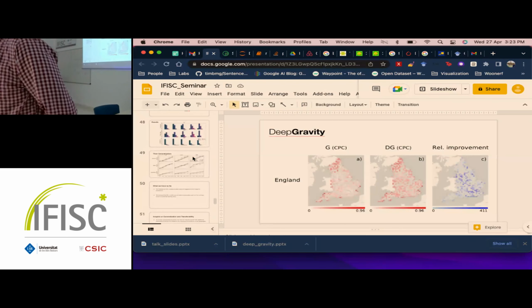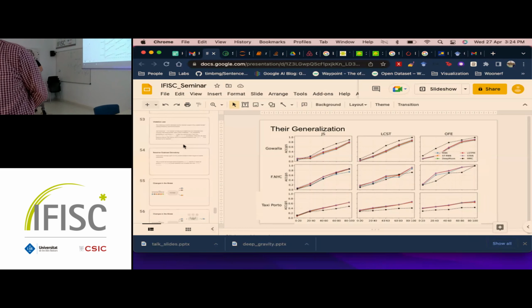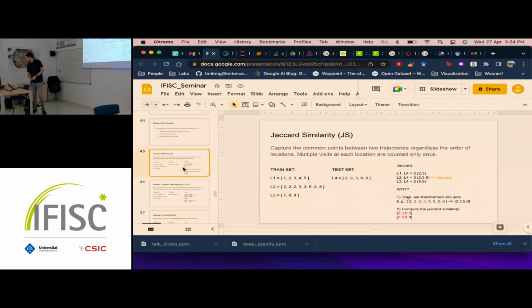For example, when you consider the Jaguar, the similarity, you show trajectories that have different lengths. So how are you sampling the position of the individuals? Okay, so you mean how we form the trajectories? How we created the trajectory?